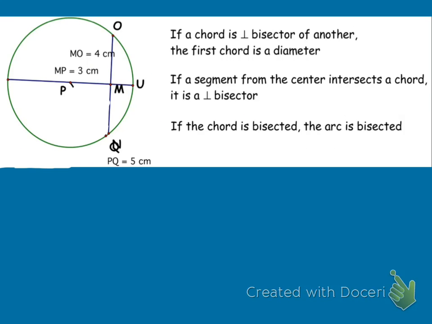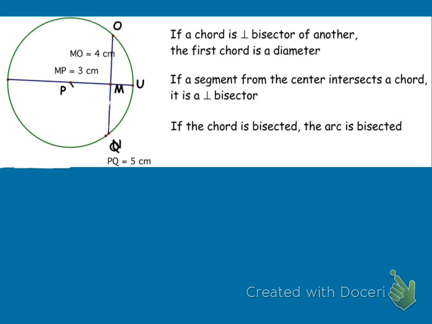Okay, now this is kind of complicated, so I want you to listen carefully, and if you need to, pause, rewind, and go back and hear it again. But if a chord is a perpendicular bisector of another, okay? So tell me what's happening when you have a perpendicular bisector.